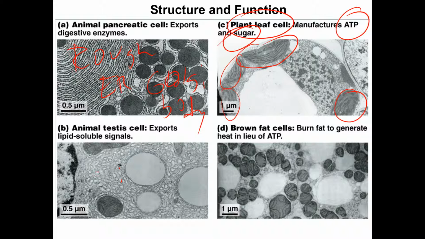Your hibernating animals bulk up on food throughout the year. And then during the wintertime, they kind of hunker down and keep themselves out of the elements. But how do they keep warm? Well, they have brown fat cells. And brown fat cells are involved in releasing heat instead of ATP. This also involves mitochondria. The brown fat cells have a ton of mitochondria, so they can produce a lot of heat.